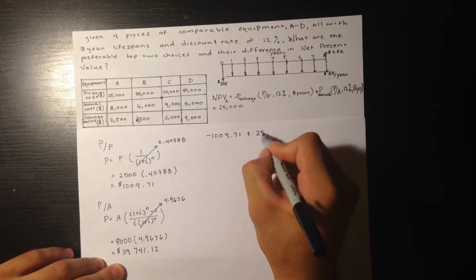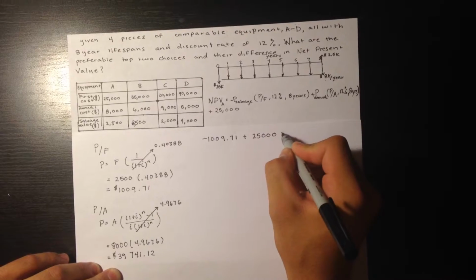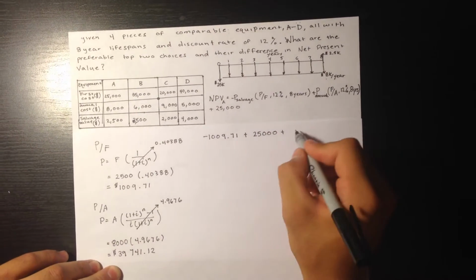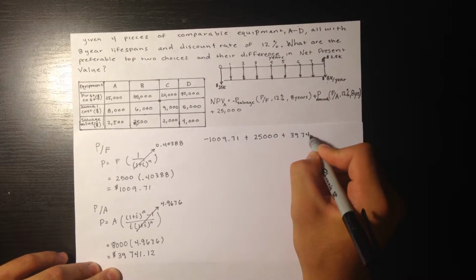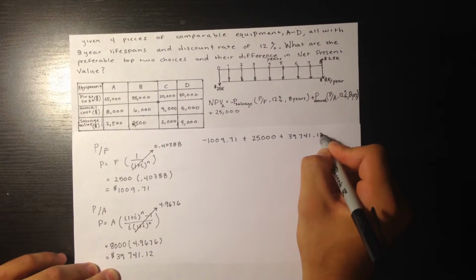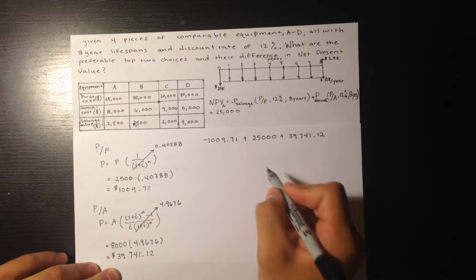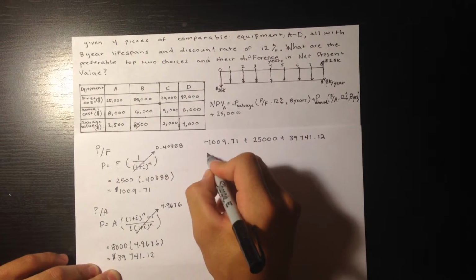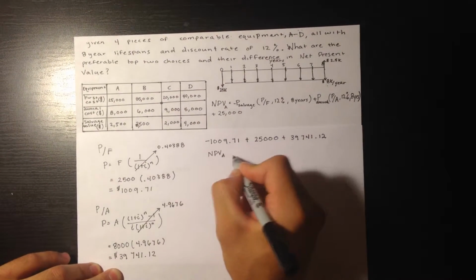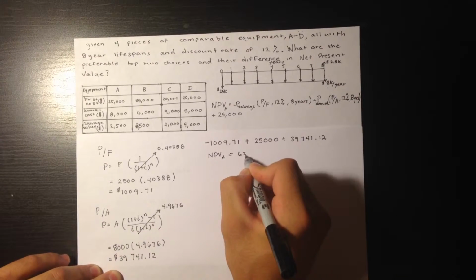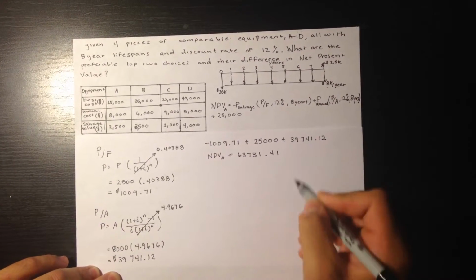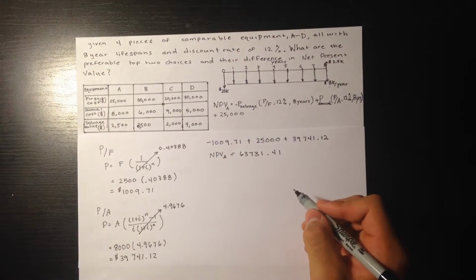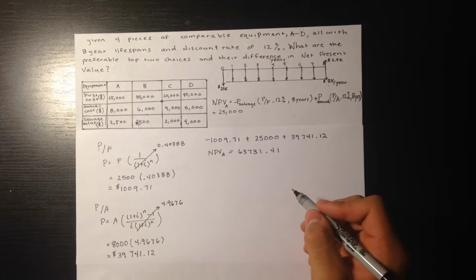So we'll take the $25,000, add this in, and add in the annual cost, which was $39,741.12. This together will give us an NPV for A equal to $63,731.